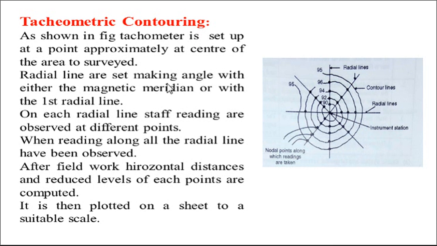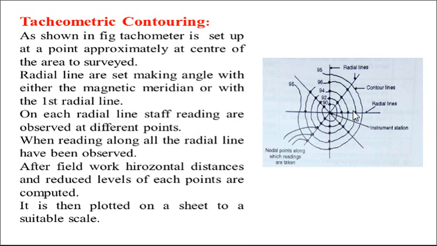As shown in the figure, the tachometer is set up at a point approximately at the center of the area to be surveyed. Next, radial lines are set by making suitable angles. Then on each radial line, staff readings are observed at different points.